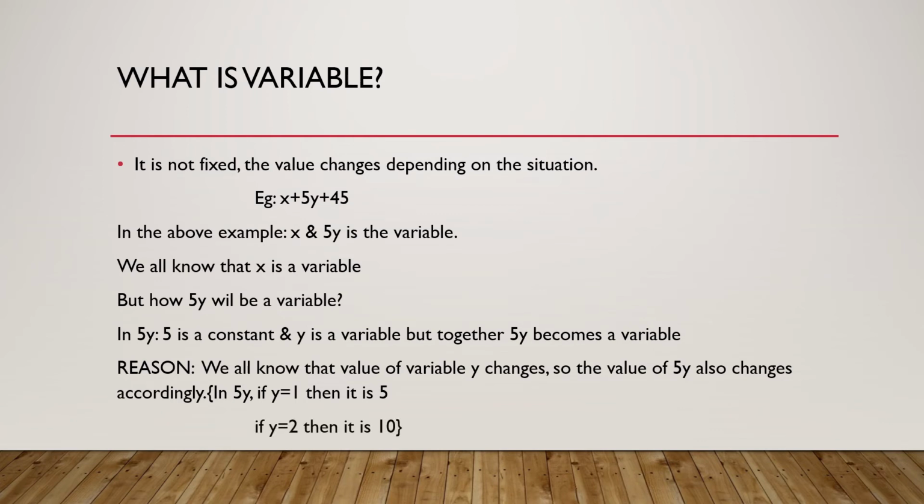In the same case, if y is equal to 2, then it is 10. 5 twos are 10. So it keeps on changing depending upon the y value, so it is called a variable. I hope you understood the difference between constant and variable very clearly.